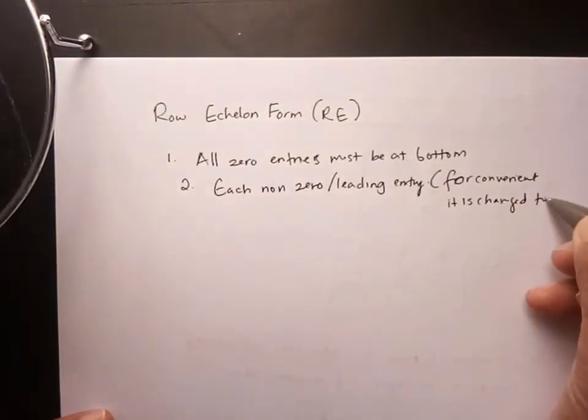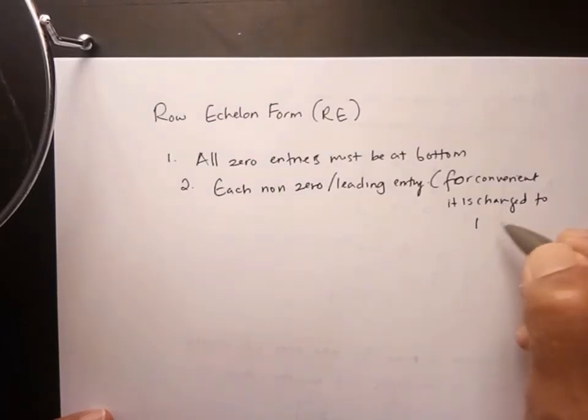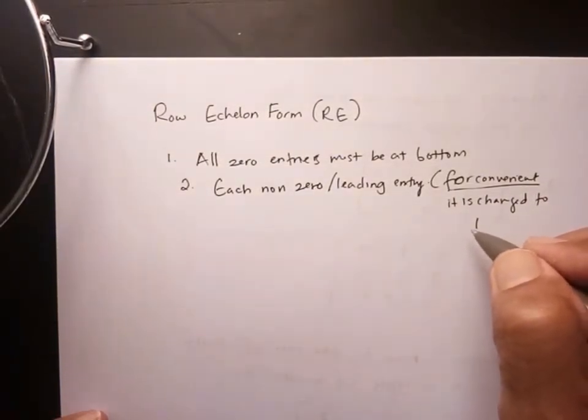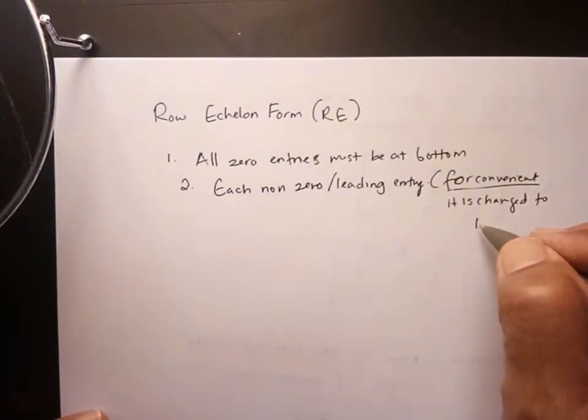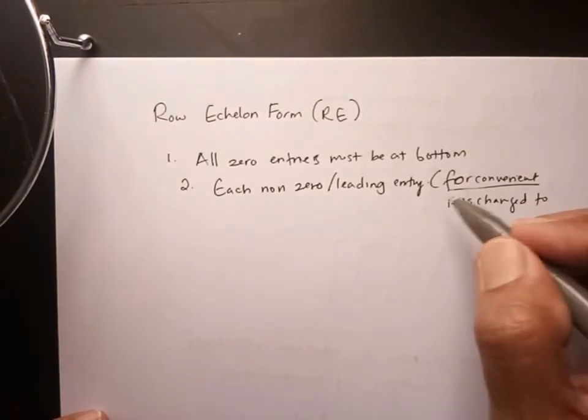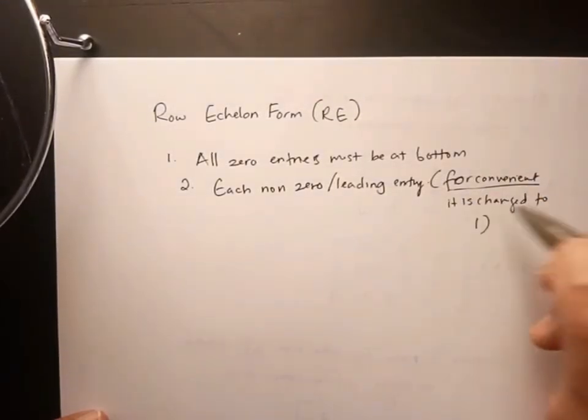But not necessarily must it be changed to 1; only for convenience. Leading entry means the first entry that is not 0. We will do operations to get this leading entry using ERO.